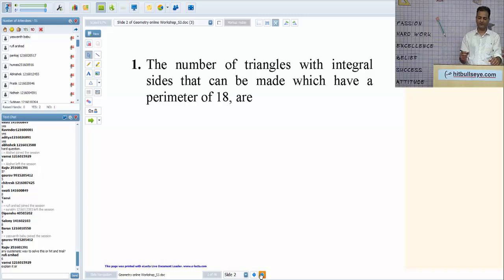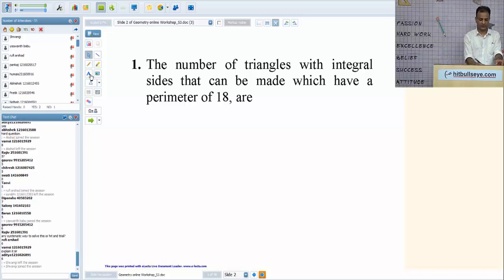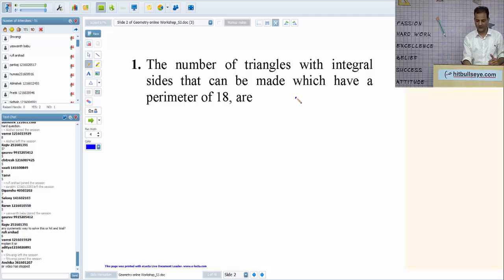Now friends, see, when I say the sum of any two sides of a triangle should be greater than the third side, here the perimeter is given as 18. Perimeter means the sum of all the sides of the triangle. So 18 divided by 2 is 9. The sum of two sides cannot be 9, because if the sum of two sides is 9, the third side will be 9.